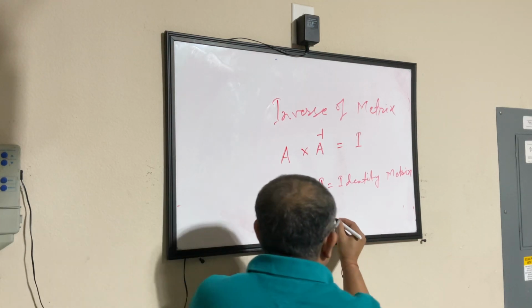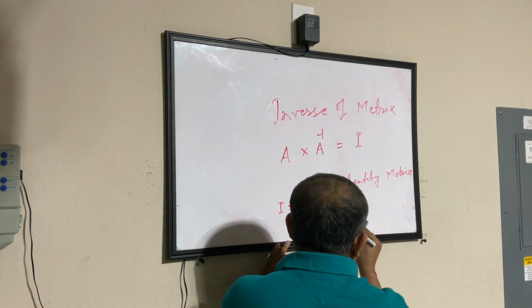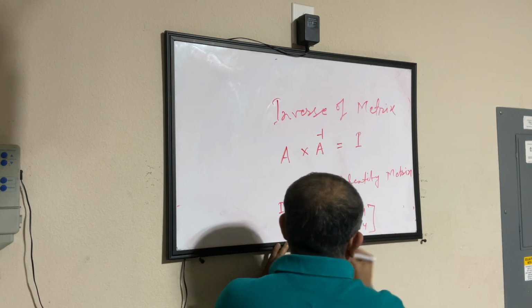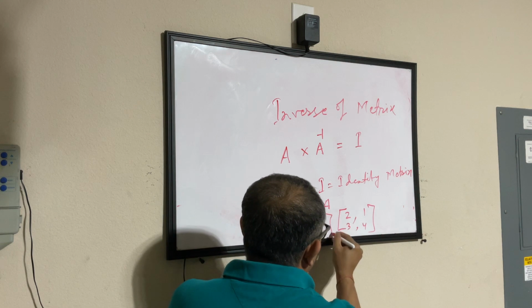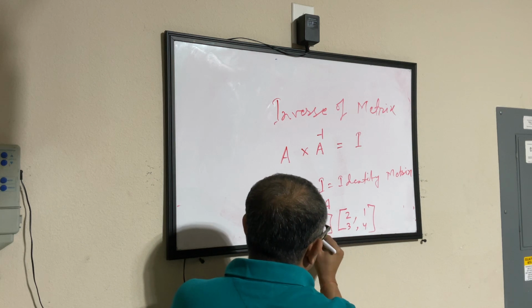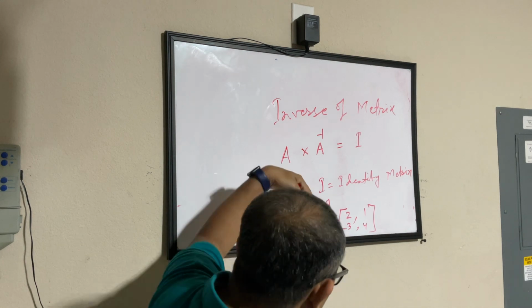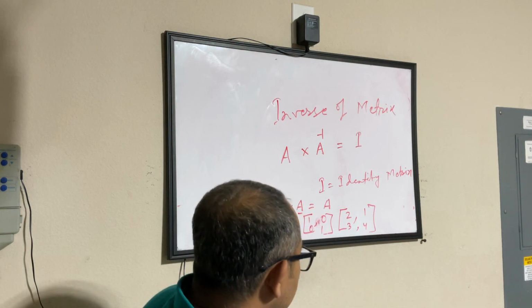Let's say if I'm talking about A being a 2 by 2 matrix, then my I would be also a 2 by 2 matrix, and it will be like where 1 is along the diagonal, everything else is 0.